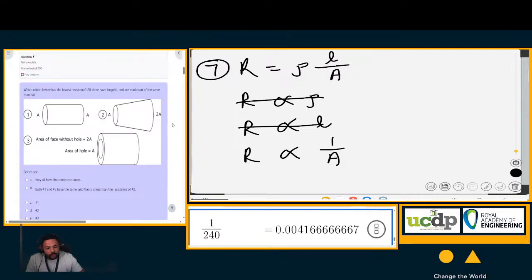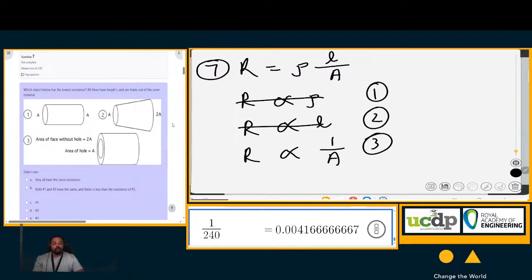We've already established the one with the biggest area will have the lowest resistance, because the resistance is directly proportional to the inverse of the area. Therefore, the higher the area, the lower the resistance. They want which of those three, number one, two, or three, will have the lowest resistance.